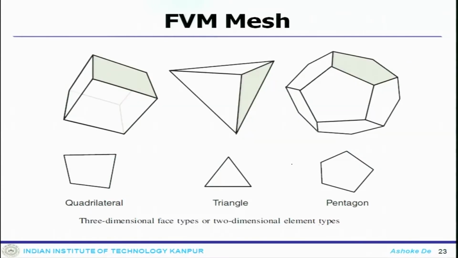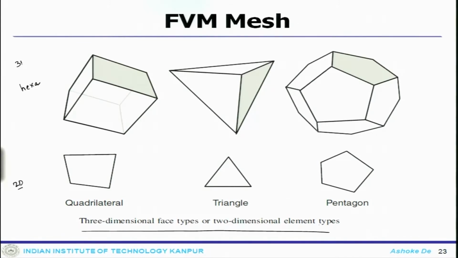Now, if you do some sort of a mapping between 3D and 2D, this picture will give you an idea how the 3-dimensional element and the 2-dimensional element are connected. So, this is a 3-dimensional element, a hexahedron. In 3D we call it hexahedron, and when you come down to 2D, these are all my 2D elements.